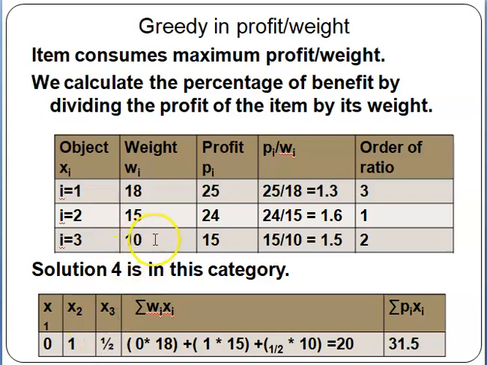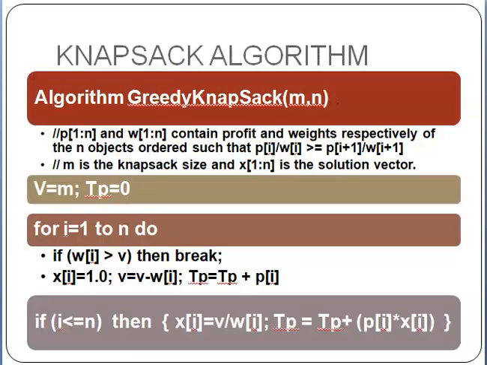So half of item number 3 will be included. So we get a total weight of 20, and half of 15 will be 7.5. So we have a profit of 24 plus 7.5, which is 31.5. So like this we will be greedy in the ratio.